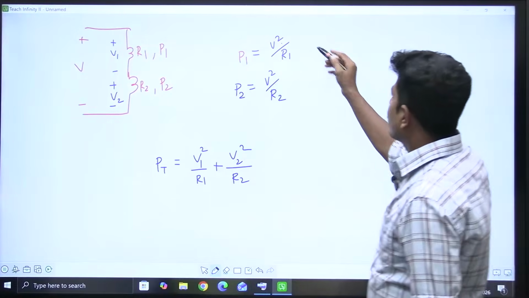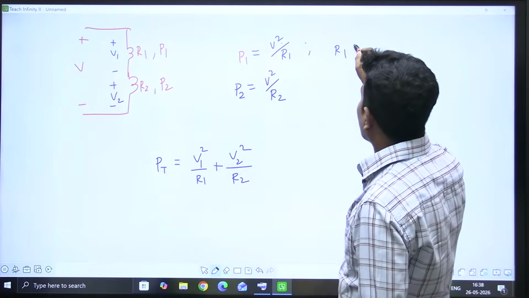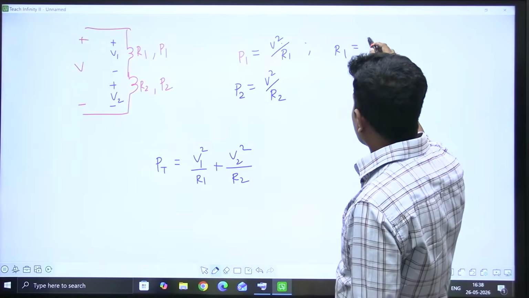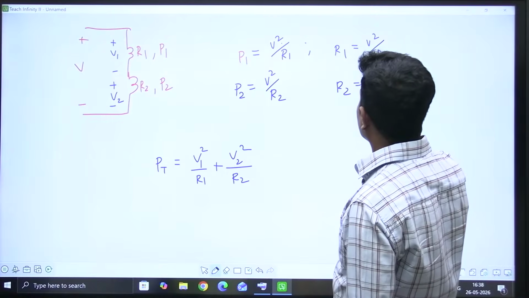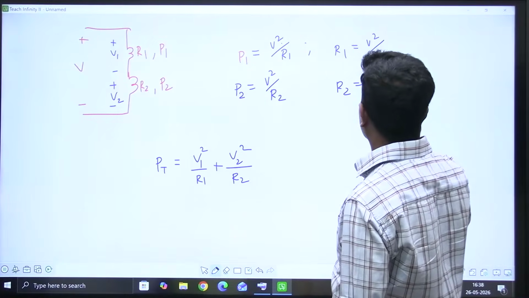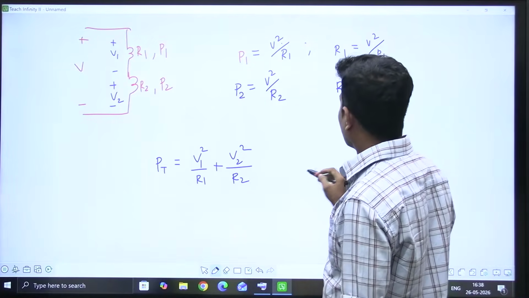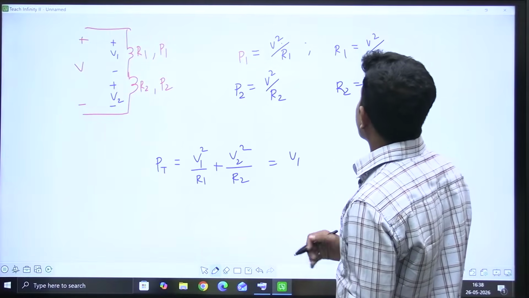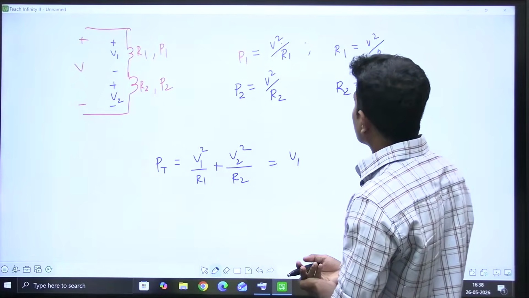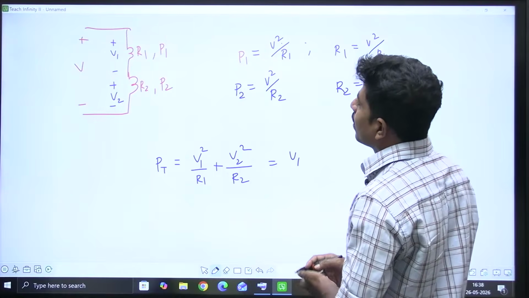From this, R1 is equal to V square by P1, and R2 is equal to V square by P2. Now V1 square, but the V1, V2 ratios we don't know. If we take, it is getting cancelled.